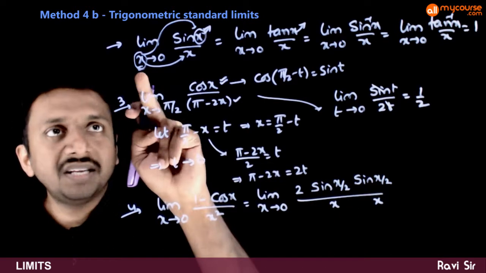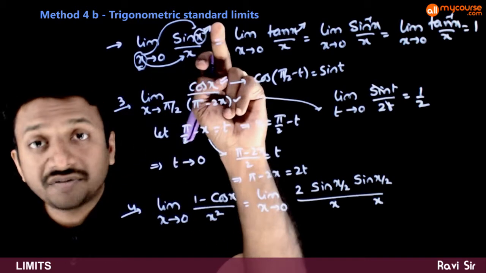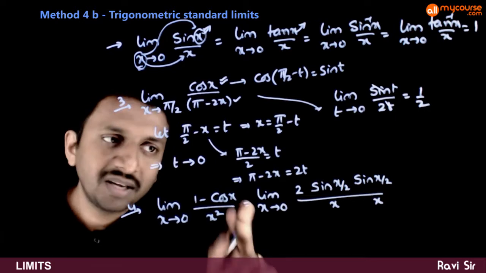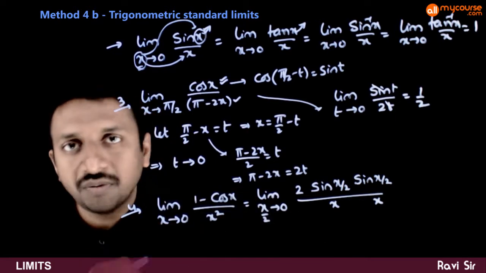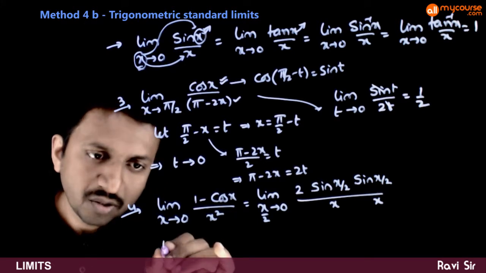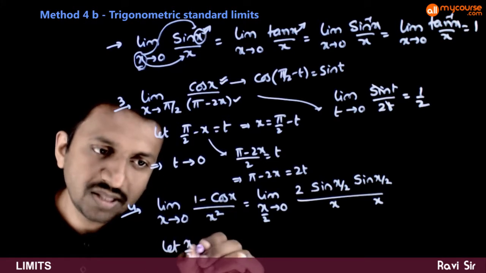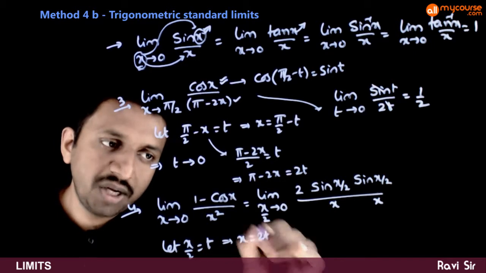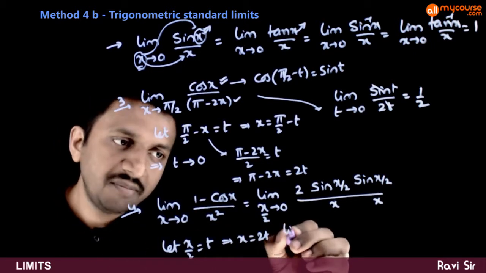So as we have seen, something tends to 0, sine of same thing by same thing is 1. So as x tends to 0, can I say that x by 2 also tends to 0? So let x by 2 is equal to t. This implies x is equal to 2t. Now what does the limit become?